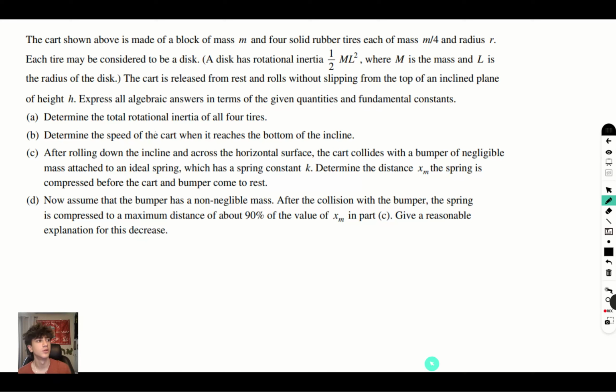For example, the bumper caused more friction, the bumper caused more air resistance, something like that. That's an example you want to use, because we know the slower it goes into the spring, the less the spring is compressed. So this bumper would have to cause the cart to slow down and reach a slower maximum speed. So friction or air resistance would be my go-tos.